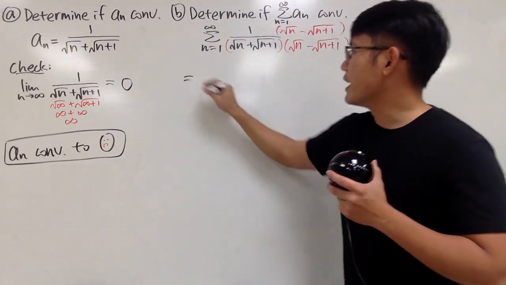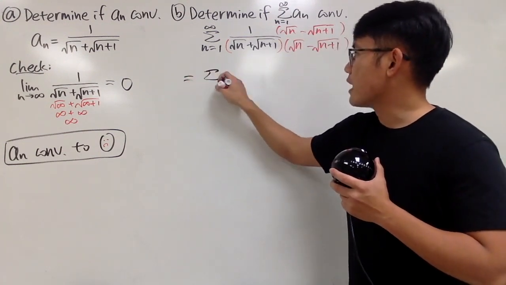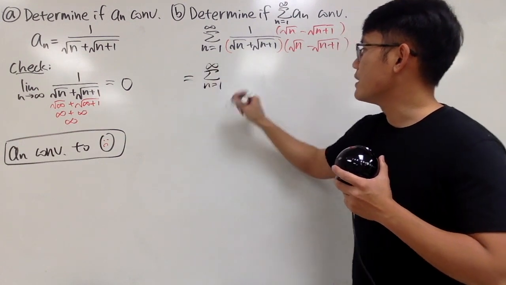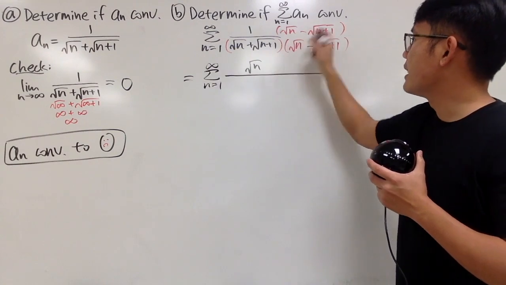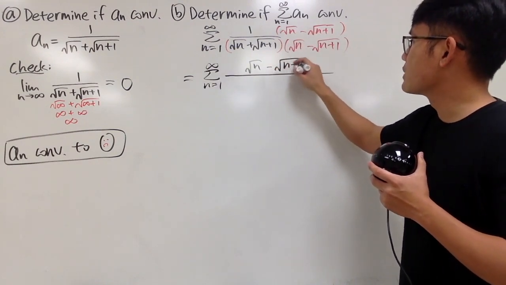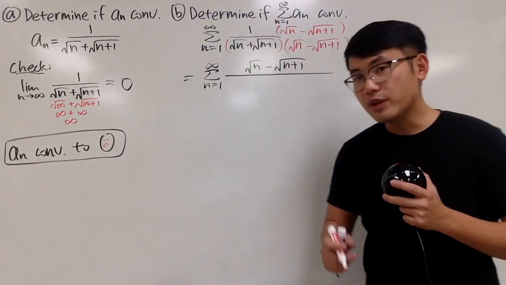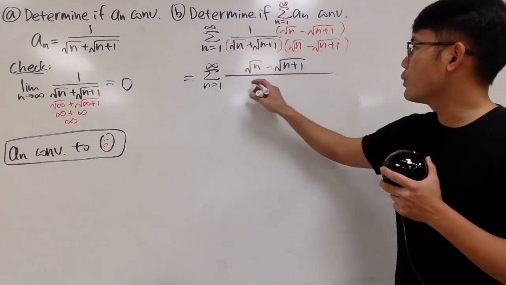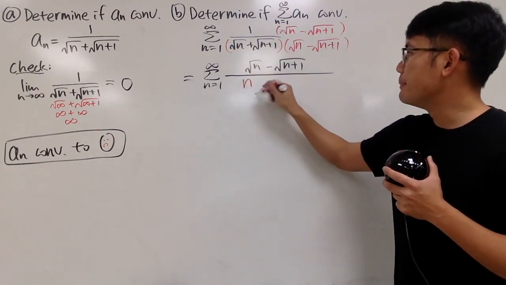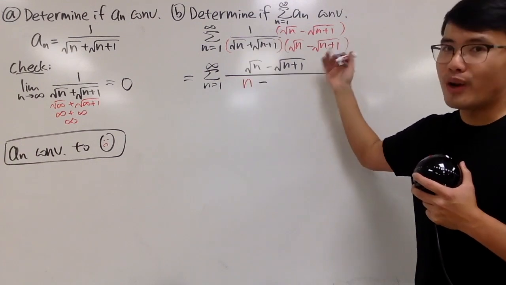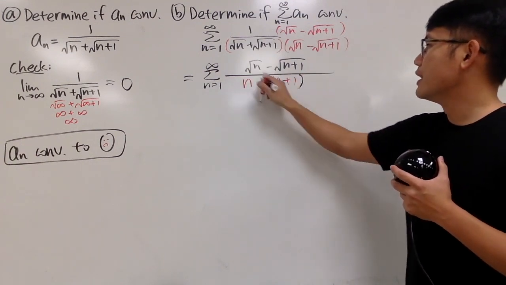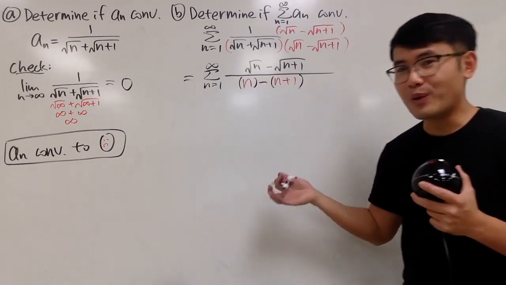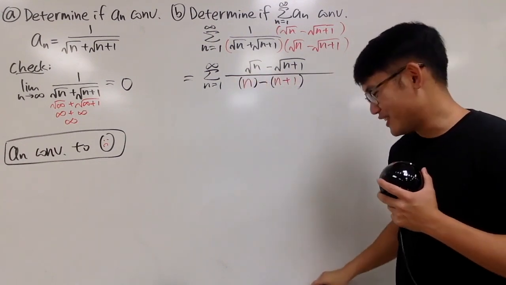Okay, so what do we get? This is going to be the sum as n goes from 1 to infinity. On the top, we have square root of n minus square root of n plus 1. That's great. For the bottom, we just have to do this square, which is just n, minus this square, which is just n plus 1. Which is really nice, whenever we multiply out the conjugates.